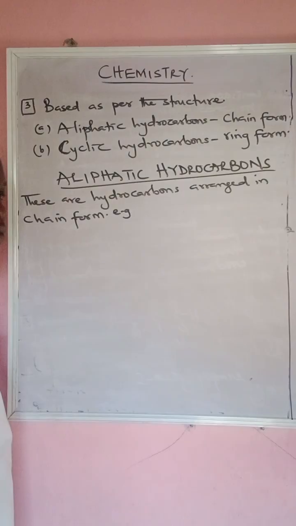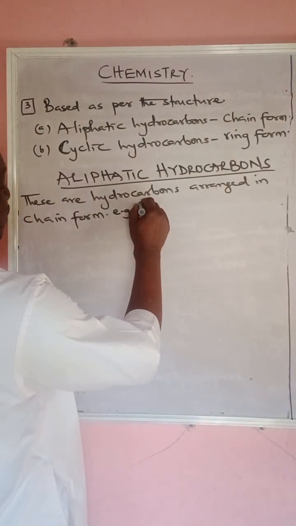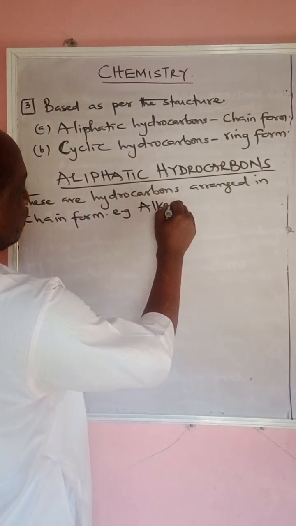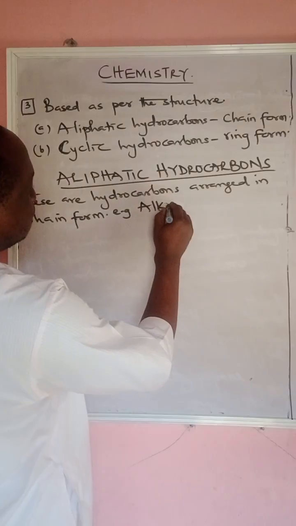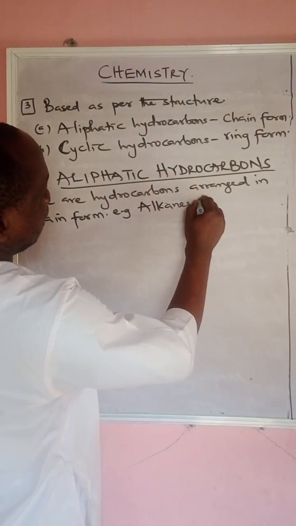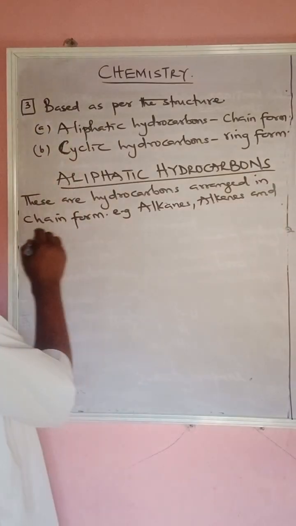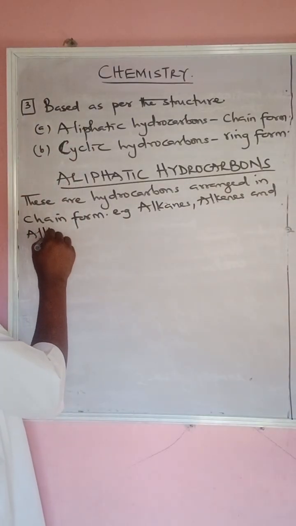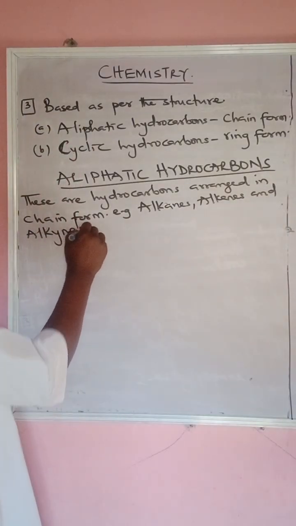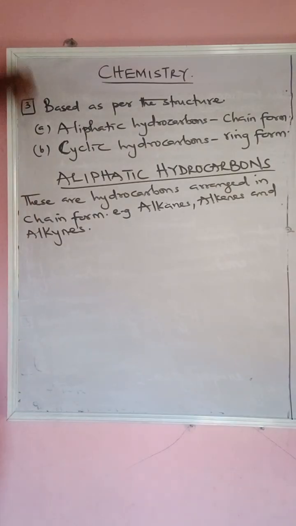For example, you have alkanes, alkenes and alkynes. They all fall into this category. So, aliphatic hydrocarbons.